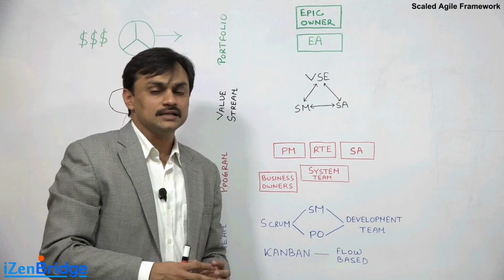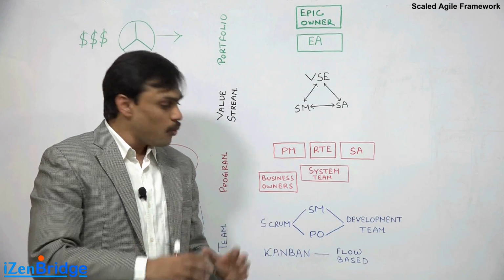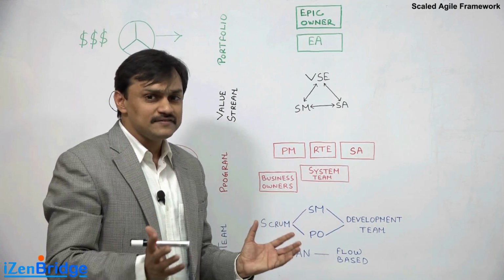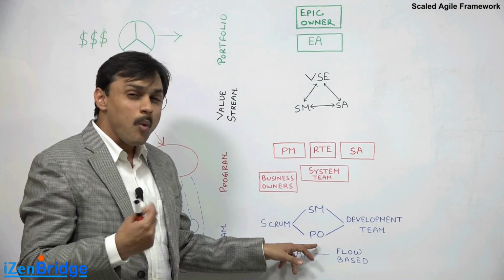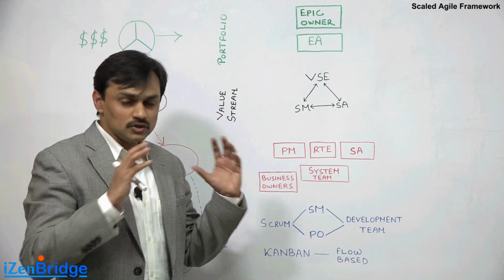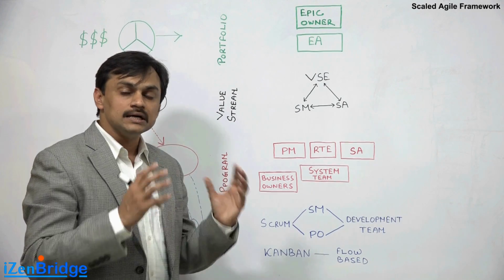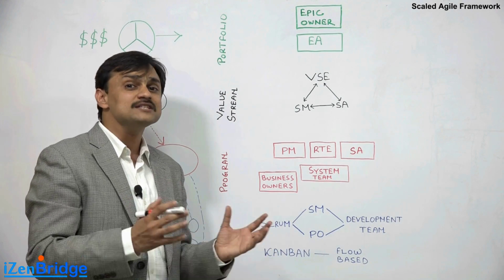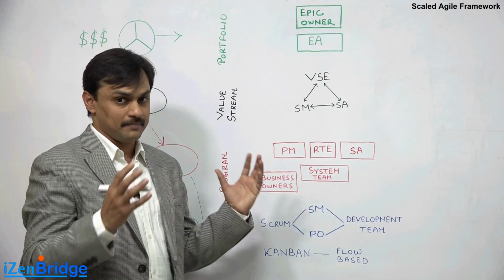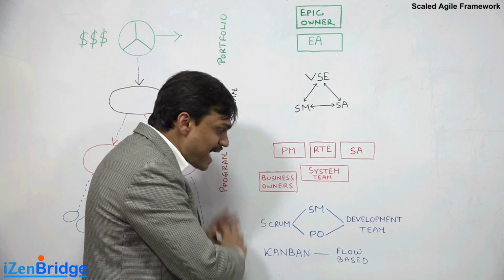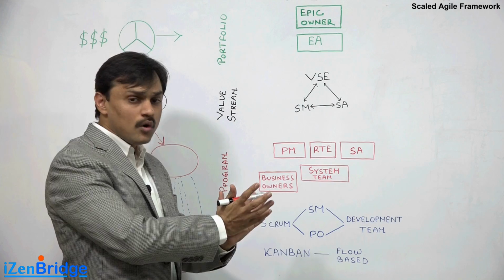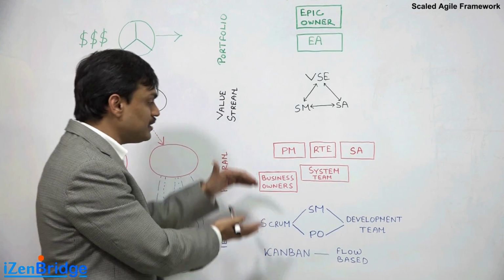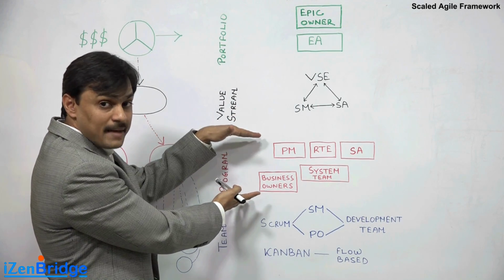It works well as long as you have 2-3 teams. When you have more than 5-6 teams, you may find one product owner not efficient enough to provide answers to all the teams, and he may not be an expert because the system is becoming bigger and has multiple dimensions. So in order to manage the bigger team environment, in Scaled Agile Framework we have a layer called program management.